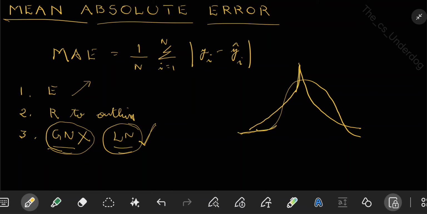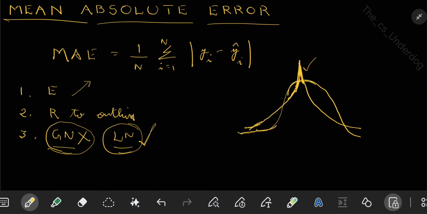But in case of Laplace, the tail will be slightly thicker. That is, compared to Gaussian, you will have a thicker tail or a heavier tail in case of Laplace. Moreover, you will have a pointed head. The top of your graph, the peak of your graph, will be pointed. This is Laplace. In case of Gaussian, it will be round shaped, right?